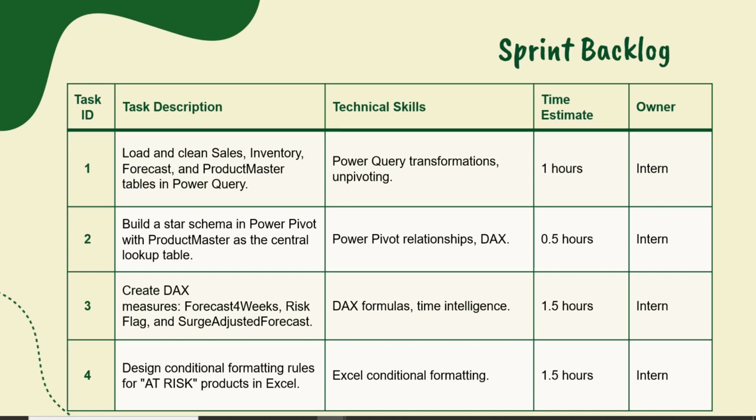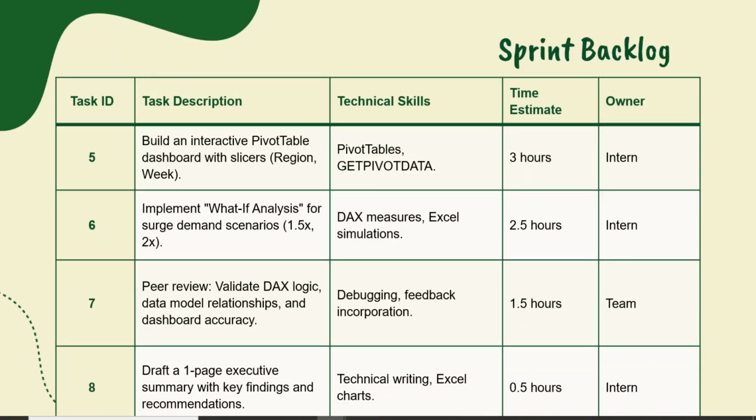The third task will be to create DAX measures, that is for forecast for weeks, risk flag, and surge adjusted forecast. Then the fourth task will be to design conditional formatting rules for at-risk products in Excel. So the fifth will be to build an interactive pivot table dashboards with slicers. Then the sixth task will be to implement what if analysis for such demand scenarios.